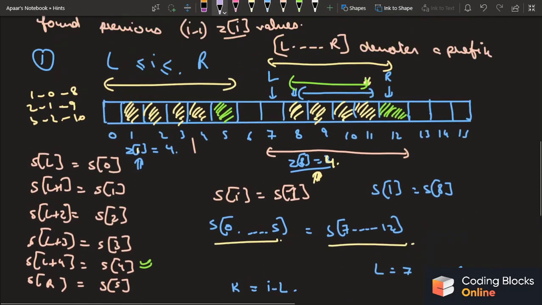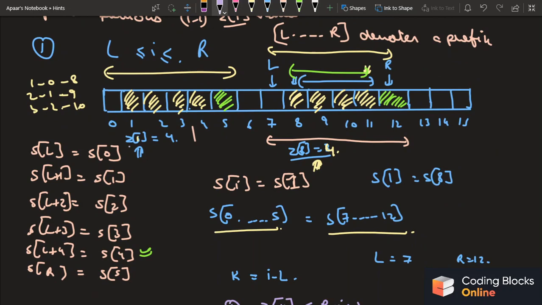See guys, again the similar thing. If Z1 is 4, that means only 4 characters matched out of these 6 characters starting from index 1, and if only 4 characters match, then of course 4 will also match over here because both the substrings are equal, right?